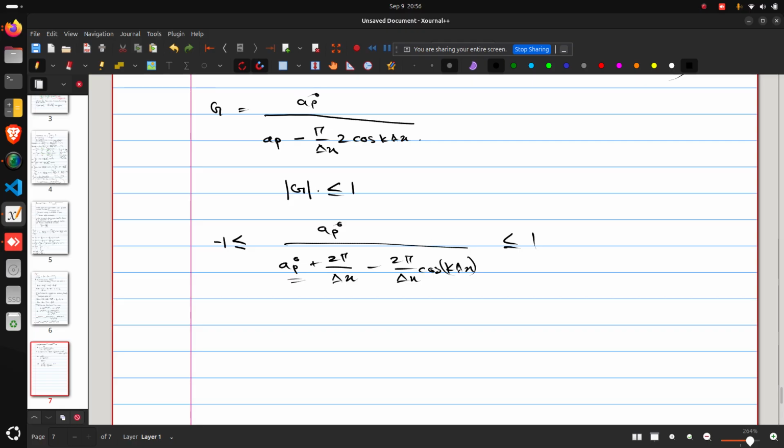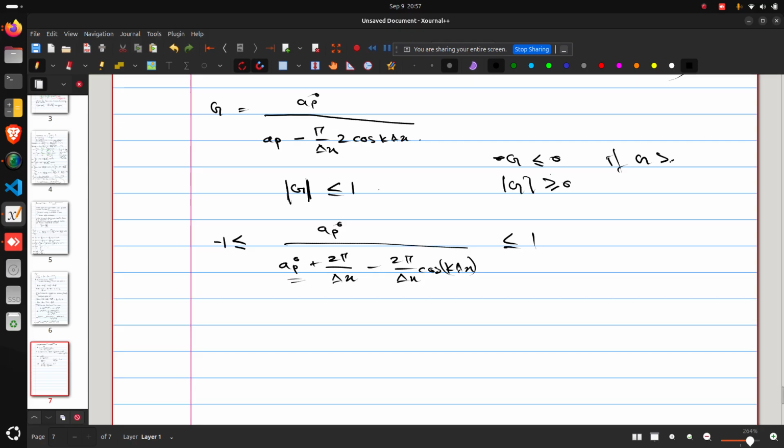G is less than or equal to 1, but there is a modulus, right? So if there is a modulus, even if G is negative, say G is less than 0, then mod G will always be greater than 0, right? So we take the two conditions where G can be either negative or positive.